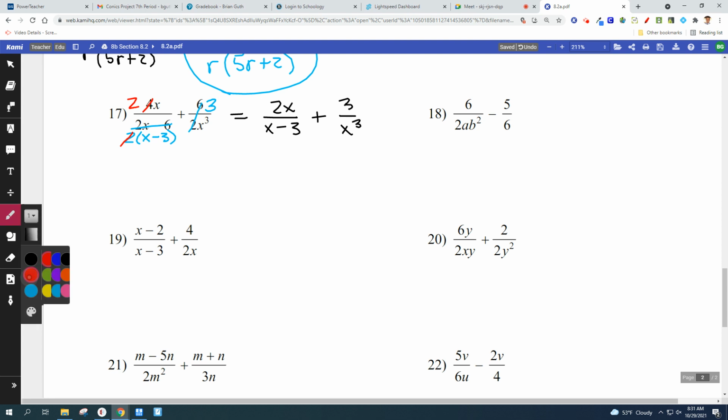Now, x minus 3 is its own thing. It's a binomial, so you can't really count that x with the x to the third. All right. The one on the left has x minus 3, but we're going to give it x to the third. The one on the right has x to the third. We're going to give it x minus 3.